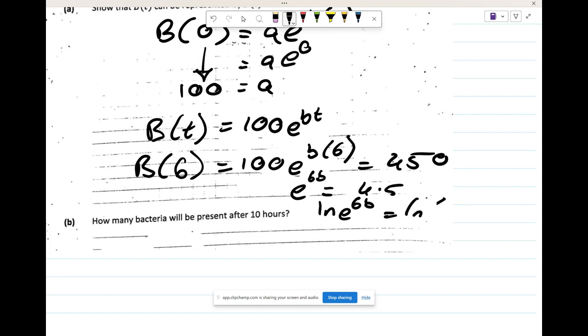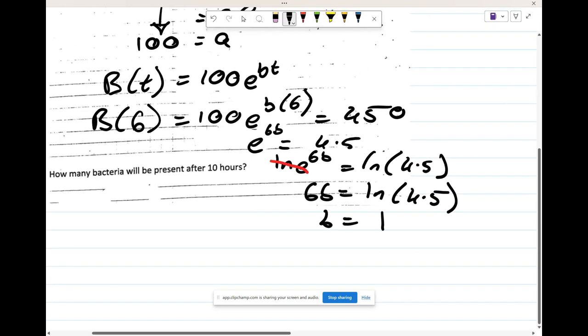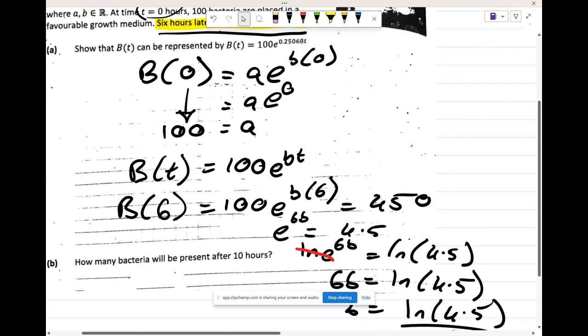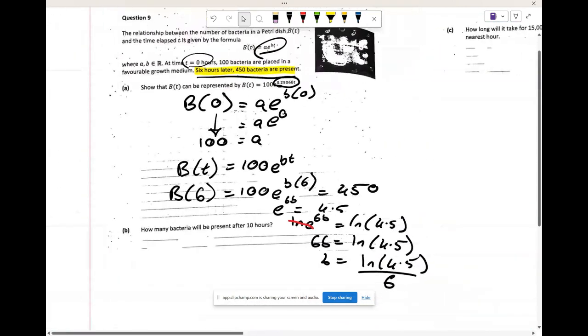So if you take ln of both sides, this will cancel with that, and we're left with 6B is equal to ln 4.5. And then we can just divide by 6. So B is equal to ln 4.5 divided by 6. And I can guarantee you that that is going to be equal to 0.25068.